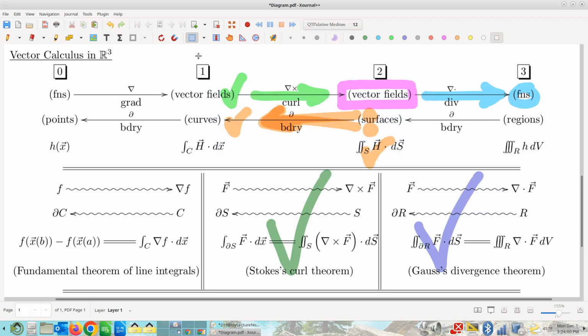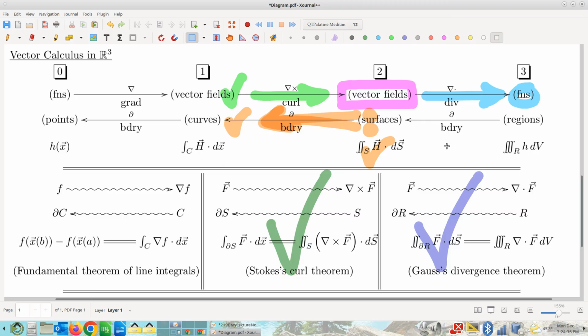Wouldn't it be nice if every curl was surface independent? And wouldn't it be nice if this theorem allowed us to prove that? And wouldn't it be nice if divergence being 0 was the local test? And wouldn't it be nice if this theorem allowed us to prove that? Again, this is all wild and baseless speculation. The only reason I have to believe that any of what I just said would work is hope. But it all works. And so this is about where we left off last time.